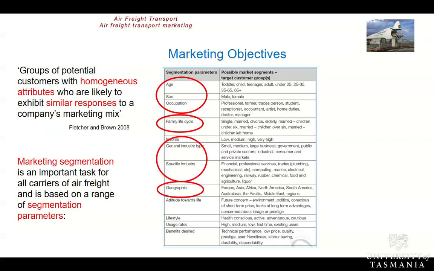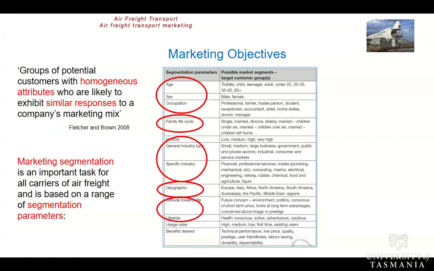You could segment by virtue of geography. But if you are going to segment on geography, you probably have to use another characteristic as well, because geography only gives you a physical location. It doesn't tell you anything about the customer and how you might communicate with that customer.